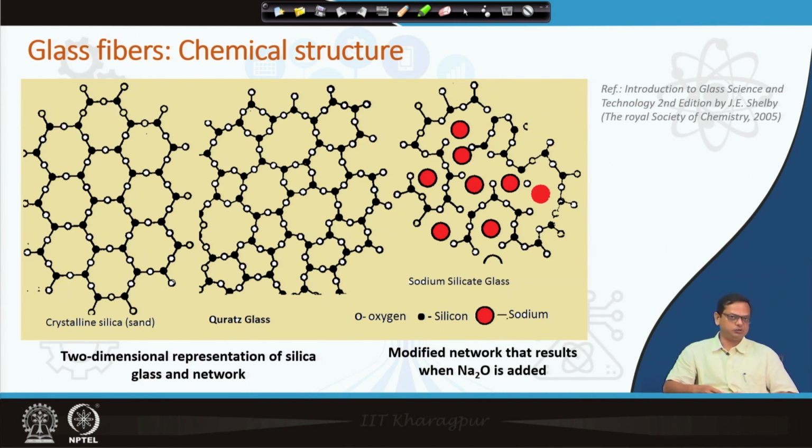Basically, the SiO2 network is broken by the other elements which you add. For example, in this case the red elements are basically sodium. So, sodium oxide is added, and the sodium oxide breaks the crystalline structure of SiO2 into a non-crystalline or amorphous structure.